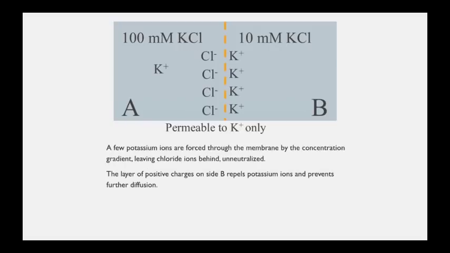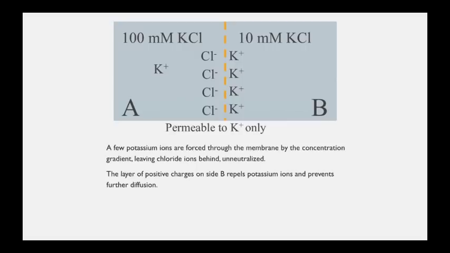This slide gives us a great example of an ion's equilibrium potential that will affect the overall resting potential of the cell. In this situation, the membrane is permeable to potassium only. Pay special attention to the concentrations on each side, A and B. A few potassium ions in this situation are forced through the membrane by the concentration gradient, leaving chloride ions behind unneutralized.